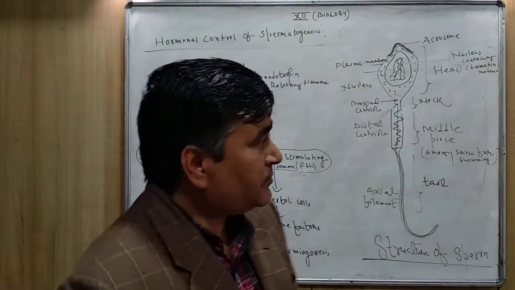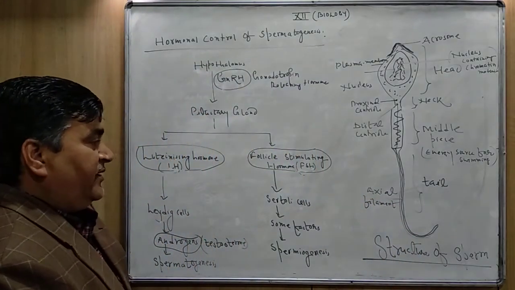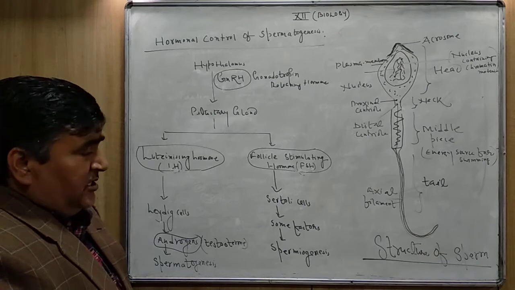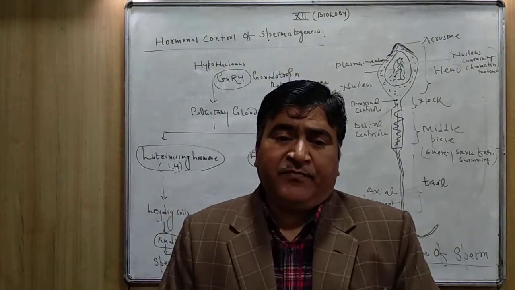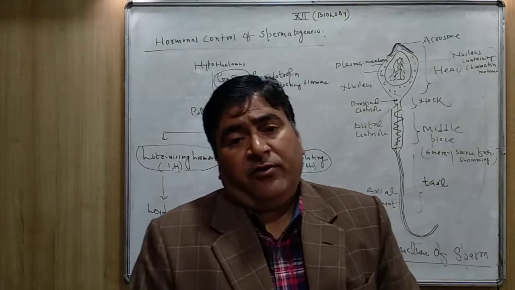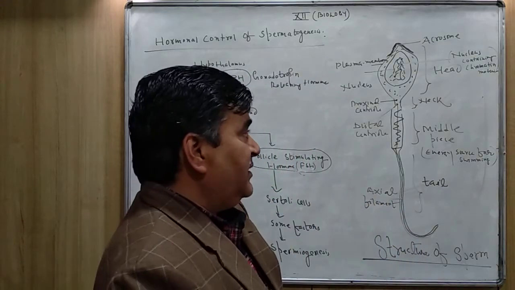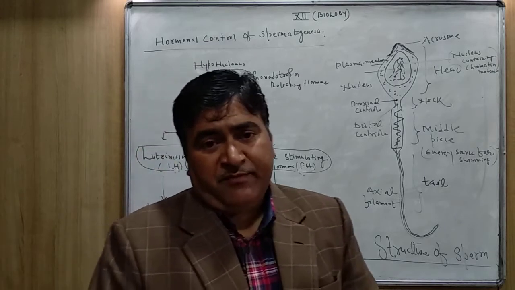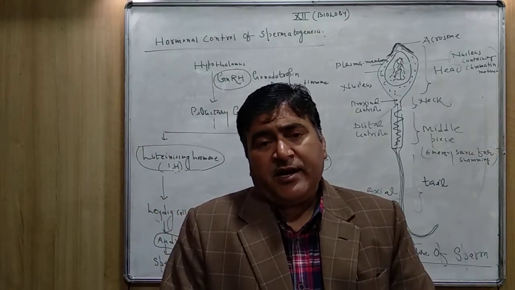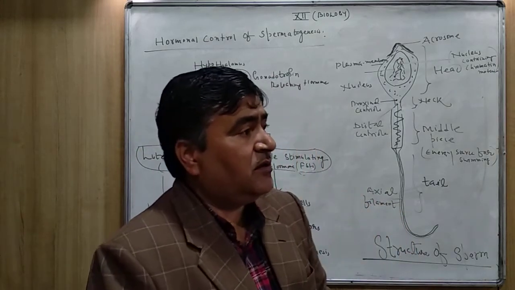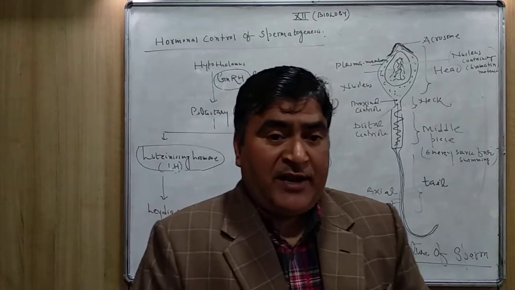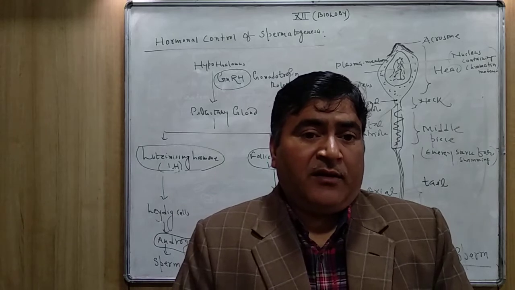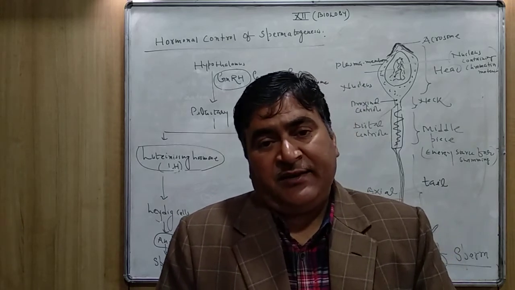Now the next topic is the structure of sperm. What is sperm and what is the structure of sperm? As you know, sperm is a type of male gamete, and sperm is a unicellular and haploid cell.